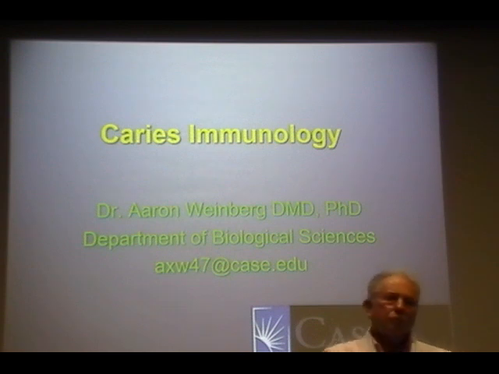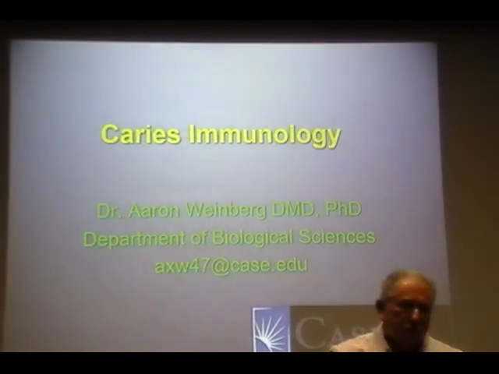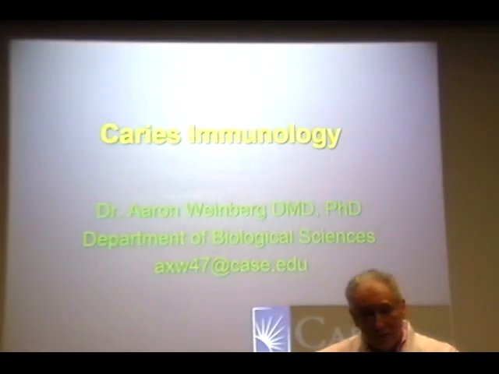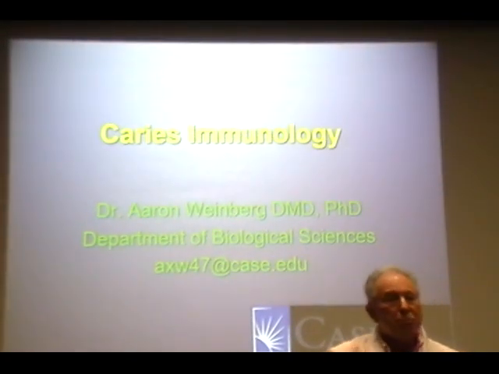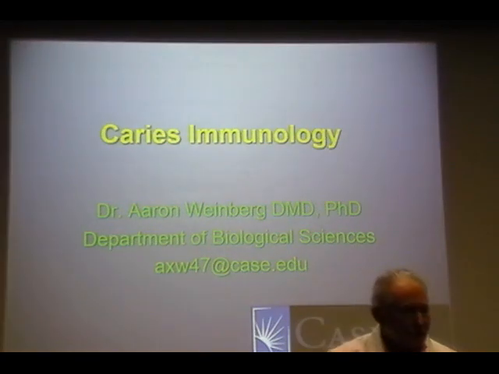Because one of the problems with strep mutans for itself is that it doesn't bind well to salivary pellicle. So it's got to have a strategy that outwits this, that overcomes this, right?